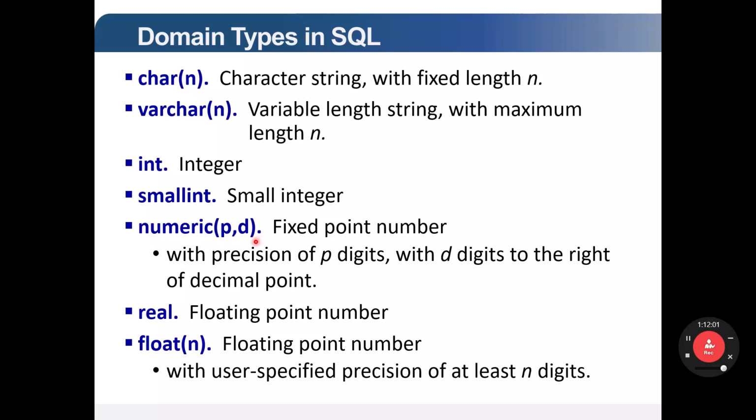So when there is a fixed number of decimal digits, it is recommended to use numeric type. So this first number P specifies the number of digits, and D specifies the number of digits on the right side of the decimal point.